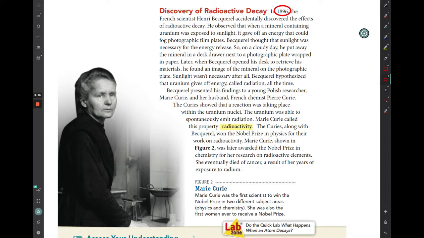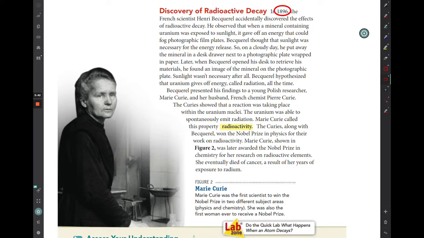He noticed that when he had a mineral that contained uranium and it was exposed to sunlight, it gave off this energy that would fog up and make imprints on photographic film plates. He thought it was the sunlight that was causing this to happen. He thought the sunlight was necessary.